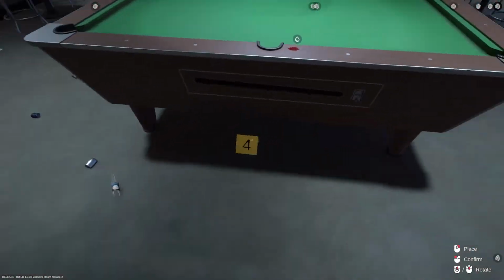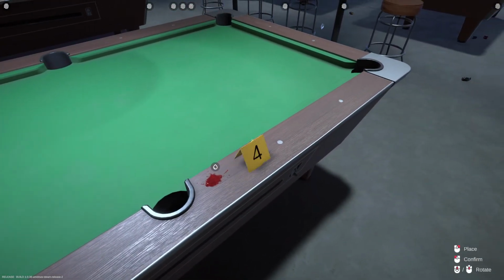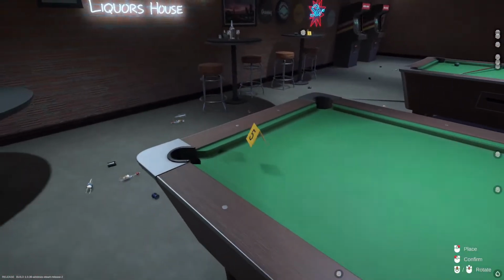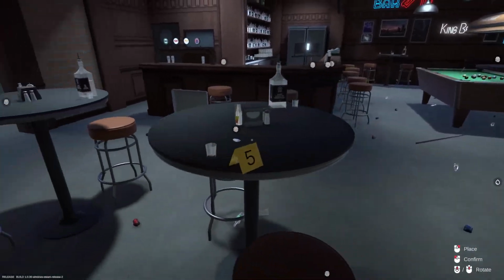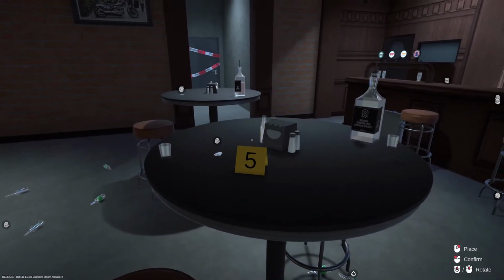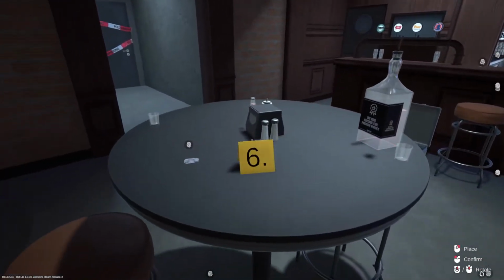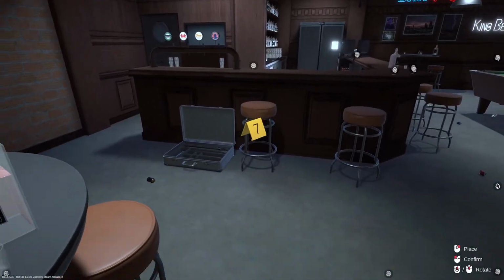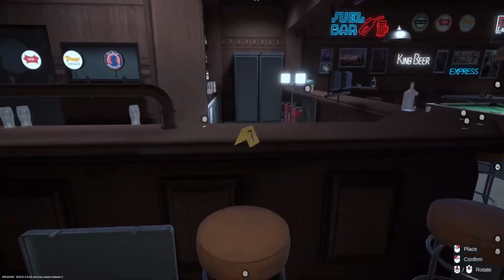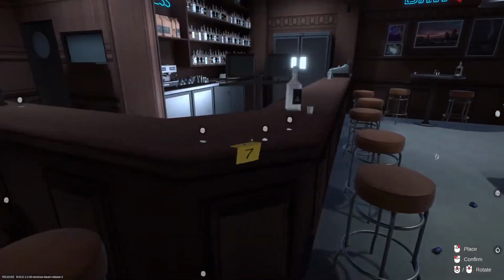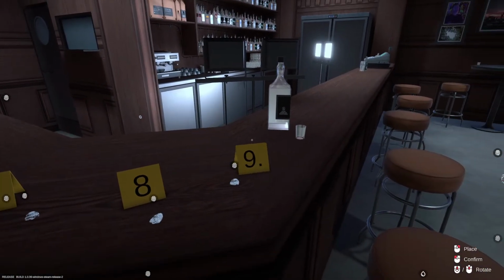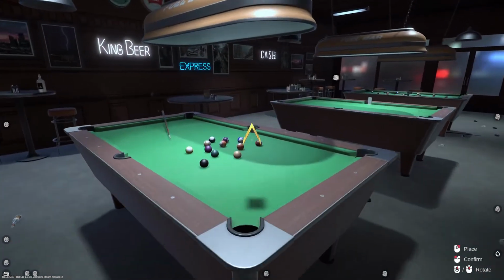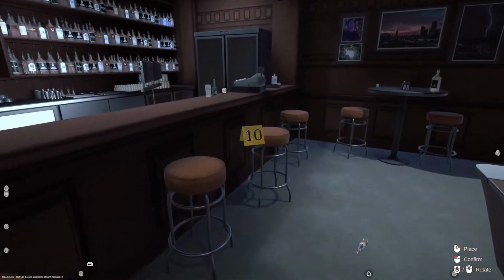We'll mark the blood. Got some fingerprints here. Alright, let's get the bar now. Actually, we'll get the outside right here. Okay.